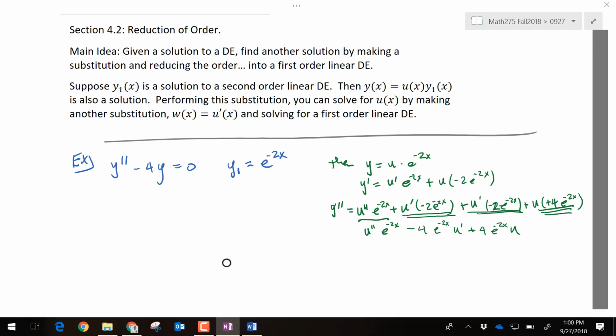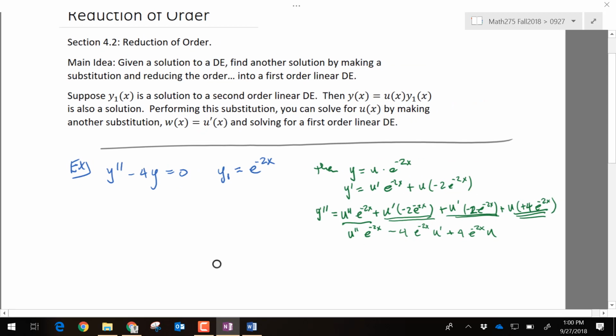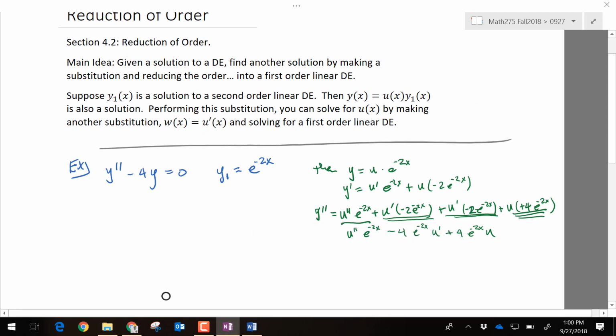So we'll put that into this differential equation. This big mess: u double prime e to the minus 2x minus 4 e to the minus 2x u prime plus 4 e to the minus 2x u. So that's y double prime.